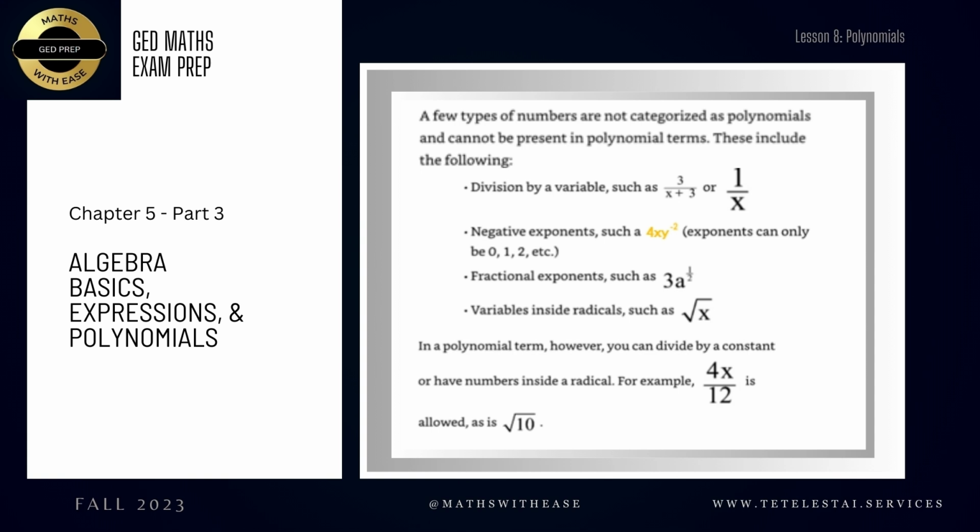And then if you see a variable inside of a radical, so the square root symbol is also sometimes called a radical, know that the expression you're looking at is not a polynomial.